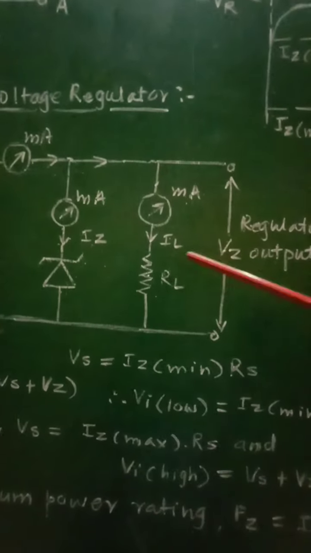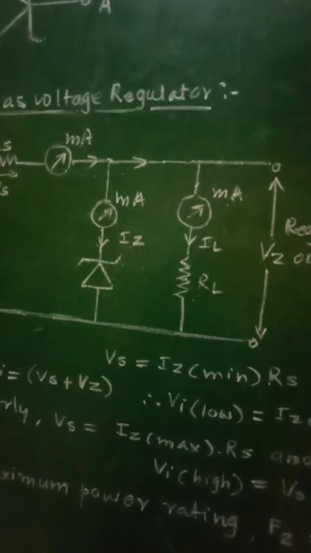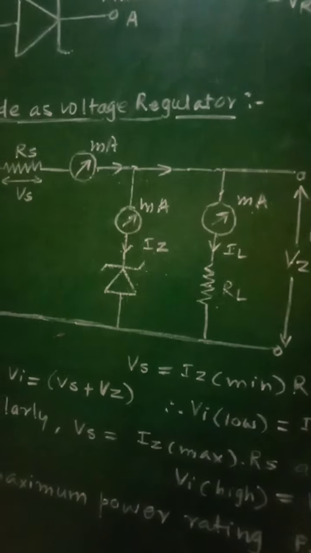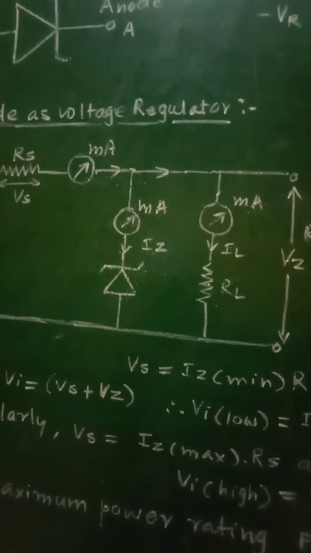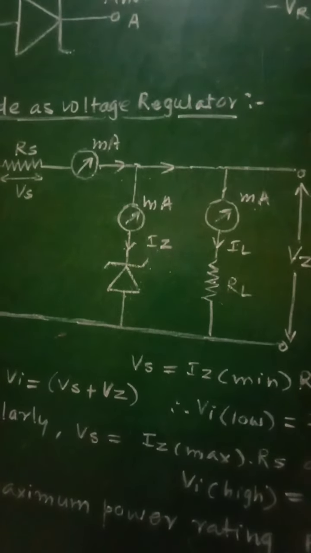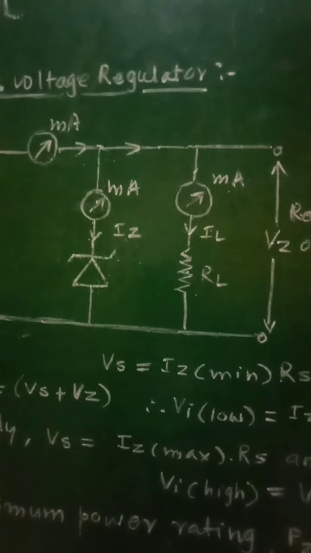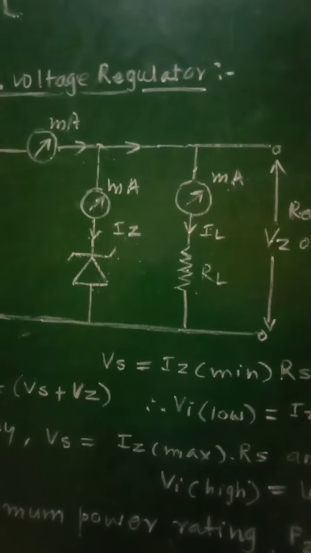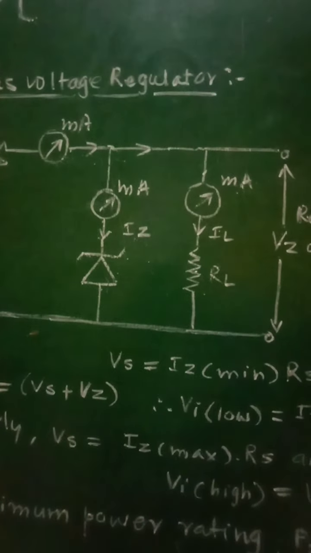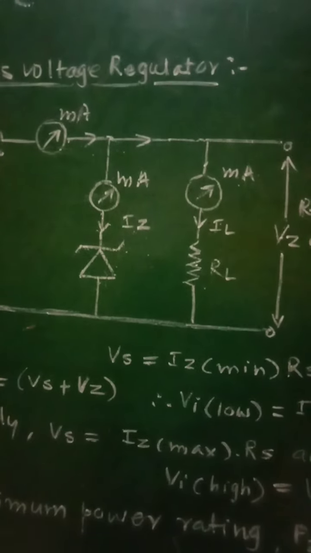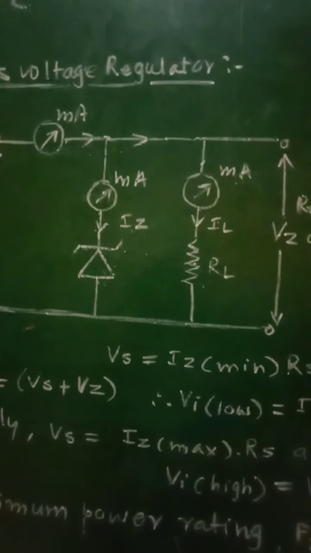So this will result in maximum dissipation of power across this Zener diode. As total current is flowing through the Zener diode, there will be dissipation of power in that Zener diode. Similarly, a small value of series resistance results in larger diode current.